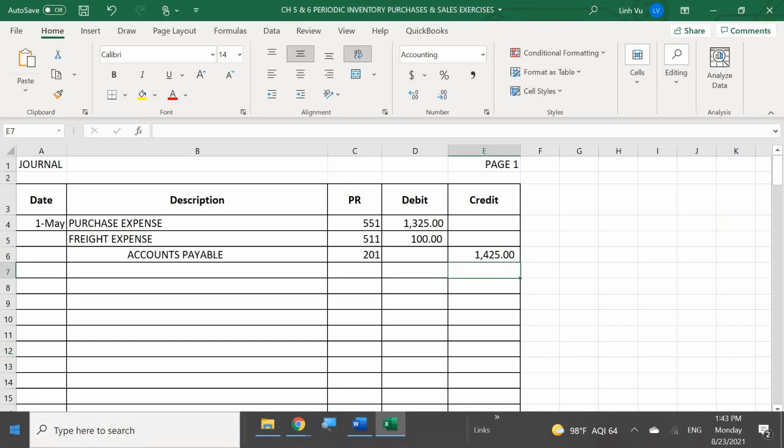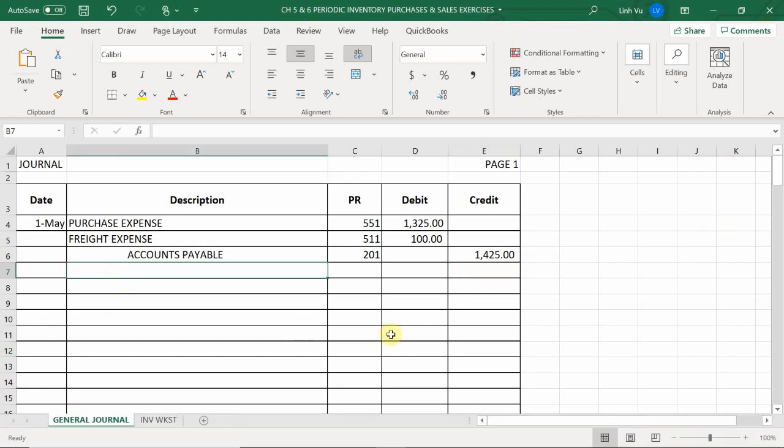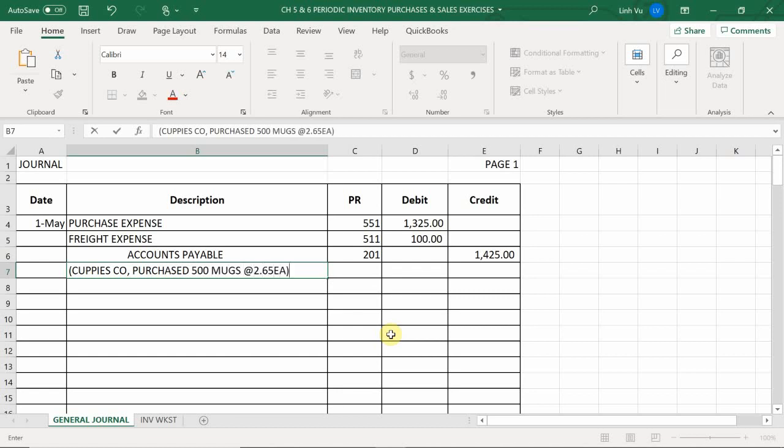1,425. Good. So here we're going to make a note. Generally, when you do your description, you should include the person that you bought from. Cuppy's Co. We purchased 500 mugs at $2.65 each. And we were also given terms.